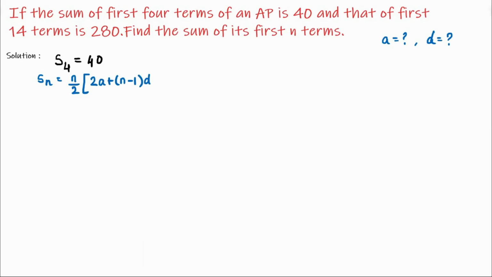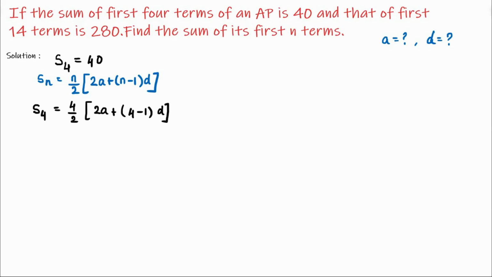Now comparing this, we see that the value of n in the given question is 4. So we write S4 equals 4 by 2 because the value of n is 4. Substituting again n as 4 minus 1 and then d.